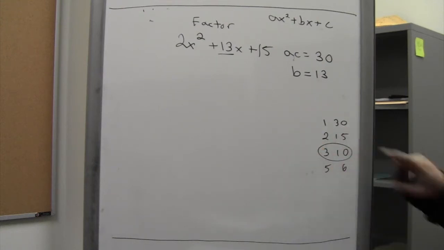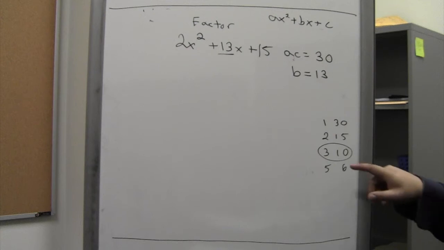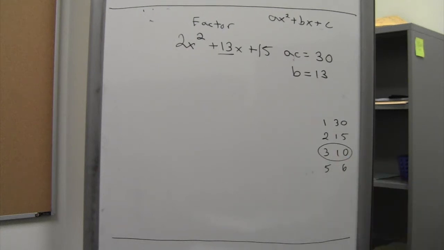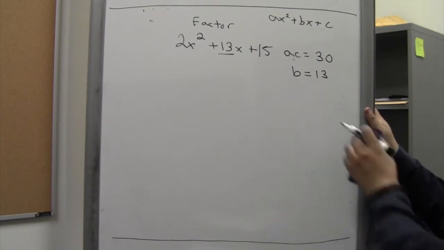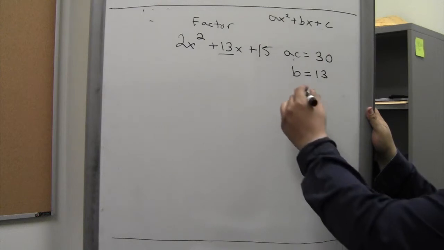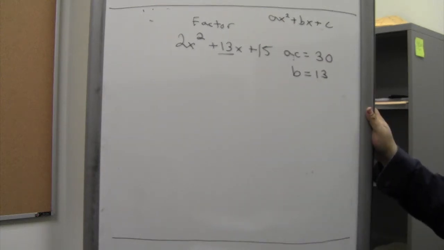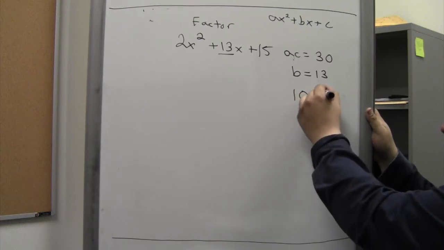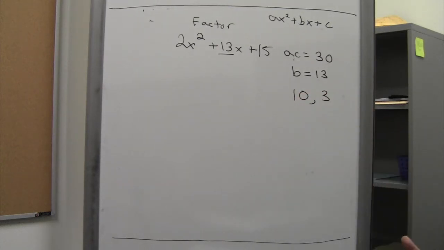Okay, 1 plus 30 is 31, that's 17, that's 13, and that's 11. So this is the one that we actually want. So let's get rid of this. So what we know now is these are the factors that we want to use. We want to use 10 and 3. Okay, so that's step 1.